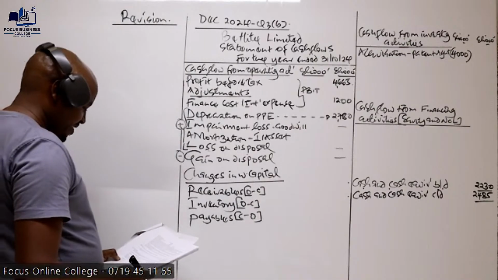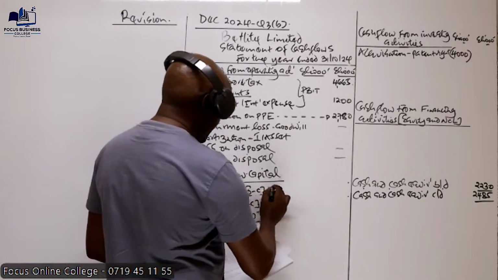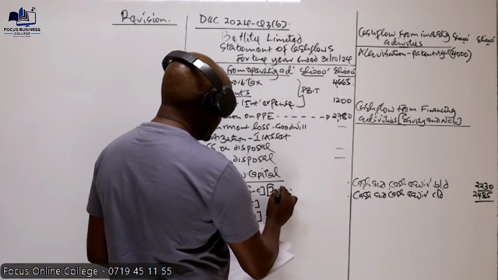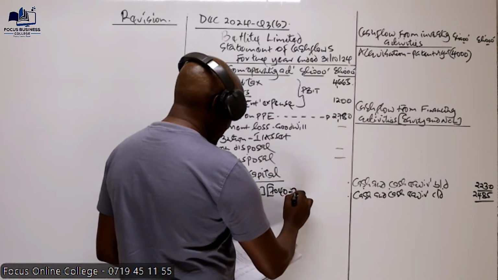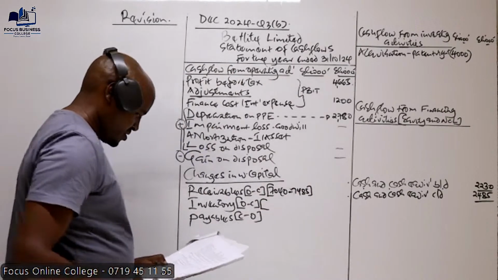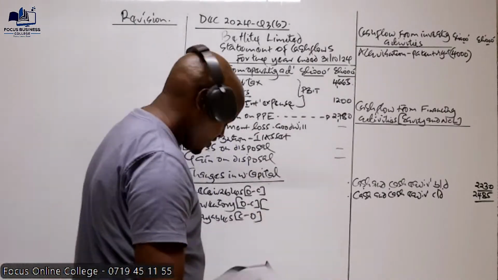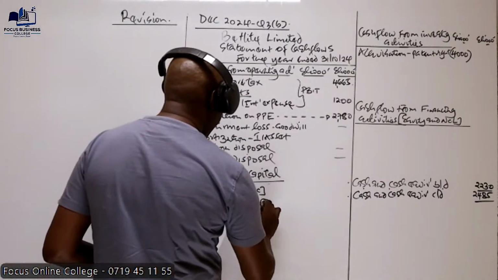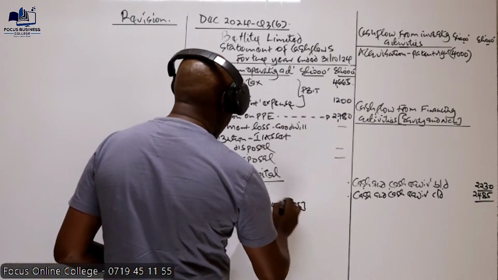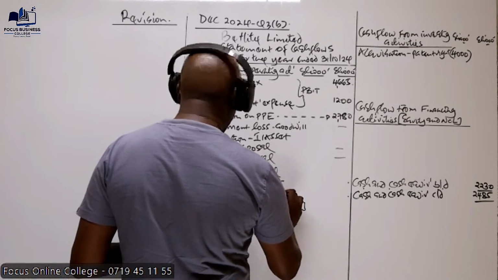For inventory, that is the first item, you take the opening, the balance in 2023, which is 7040, minus closing, 7485. So inventory is 7040 minus 7485. We do the same for receivables, which is 5830 minus 6030.